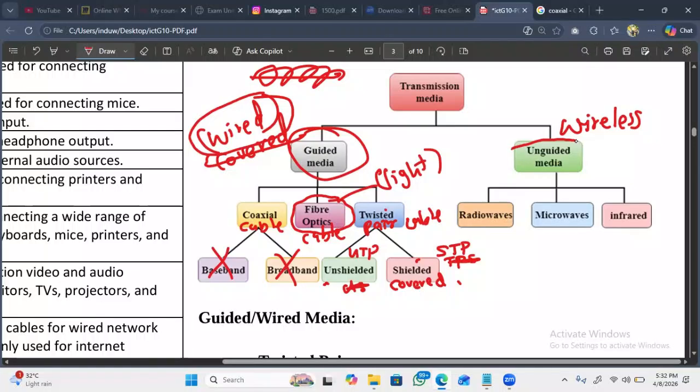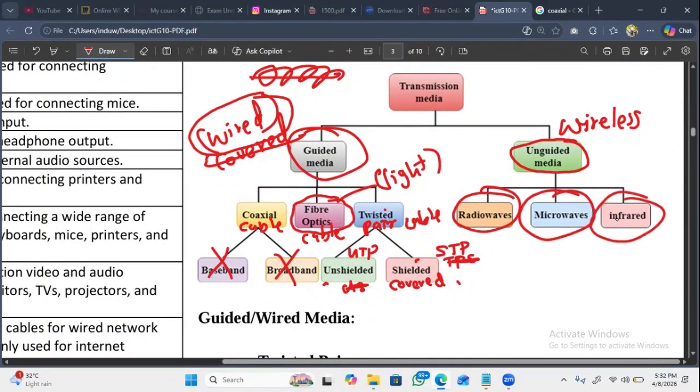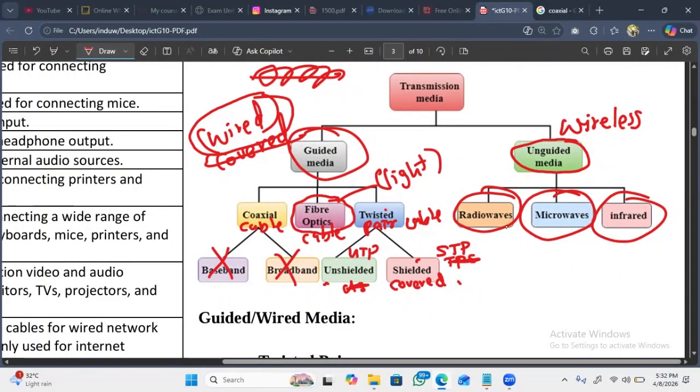And in unguided media, you can see we have radio waves, we have microwaves, we have infrared waves. Radio waves, you should know, are usually for short distances.